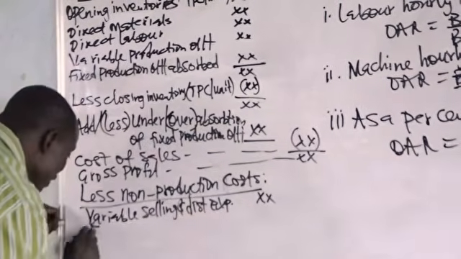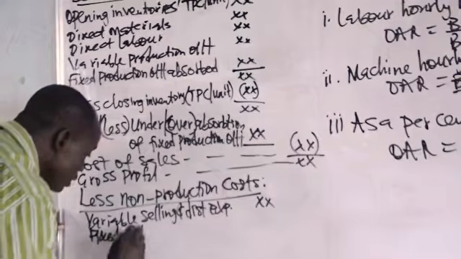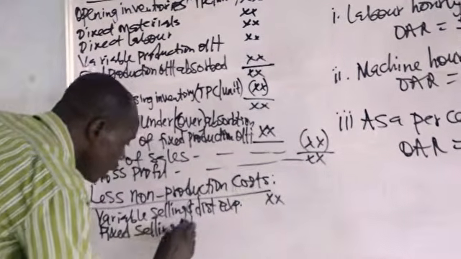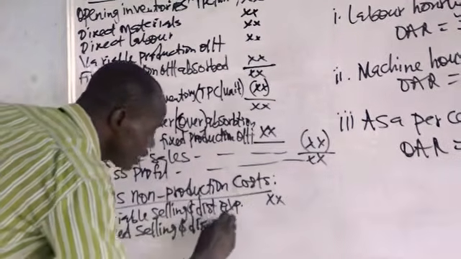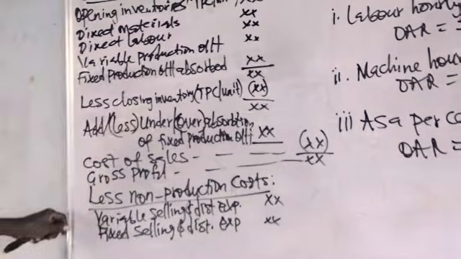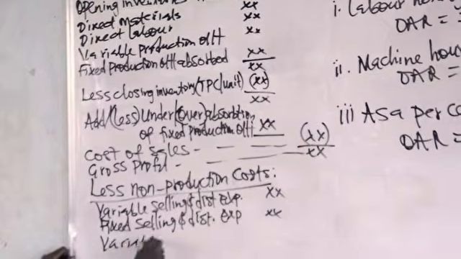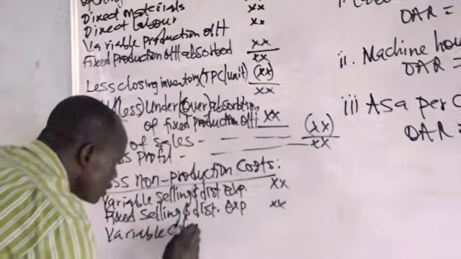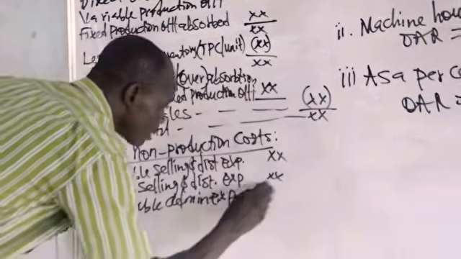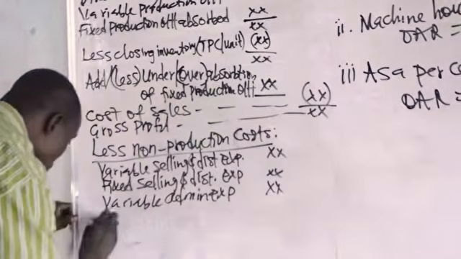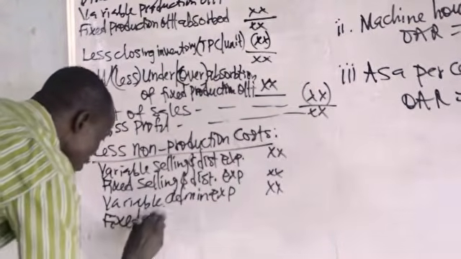You can have fixed selling and distribution expenses. You can have variable admin expenses, administrative expenses. Then you can as well have fixed administrative expenses.